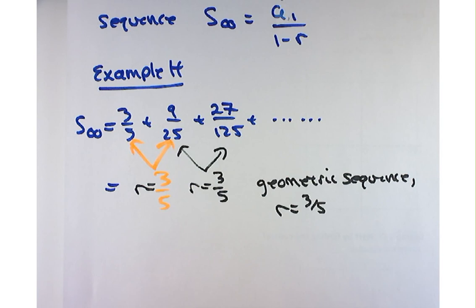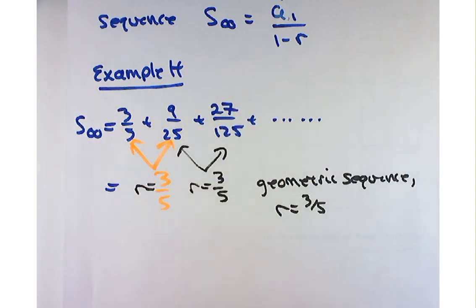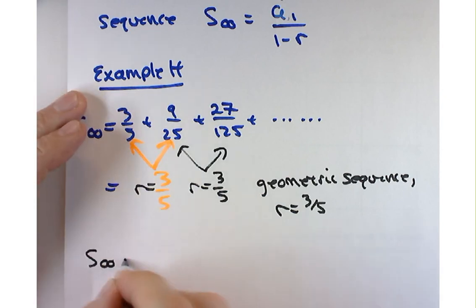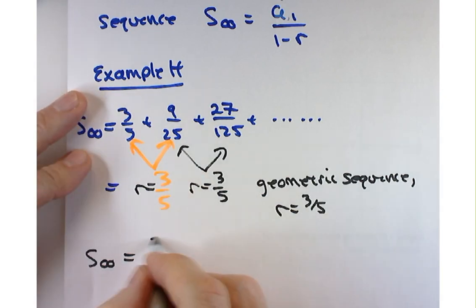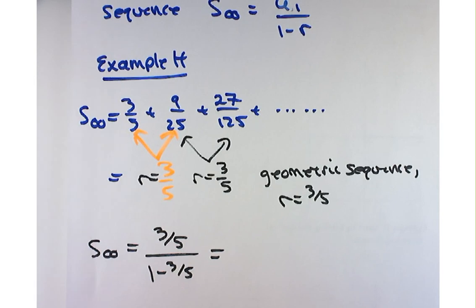Actually, the formula for S sub infinity is easier to use than the formula for S sub n. All we need to do is type in S sub infinity, the first term, which is 3/5, over 1 minus 3/5. Why don't you see if you can calculate that on your calculator? Tell me what answer you get.